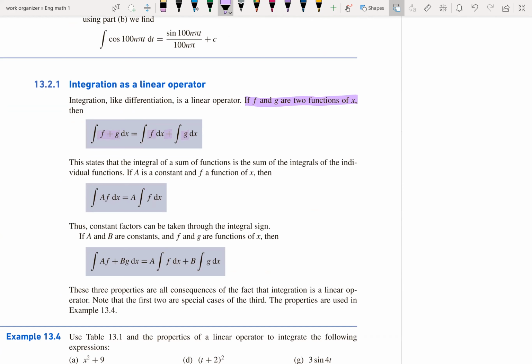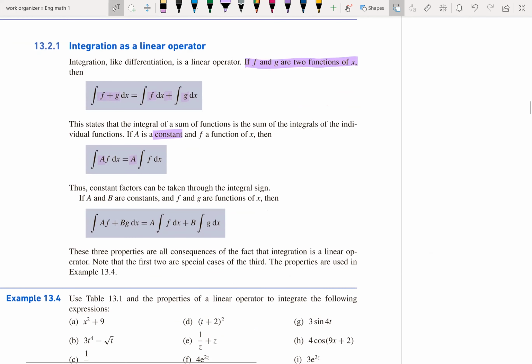And for a constant, we can let it move out, put it outside of the integration. It can also be a combination of constant and function.